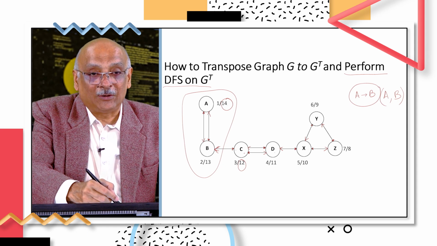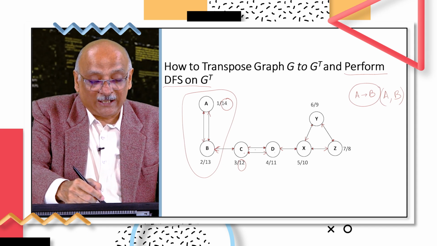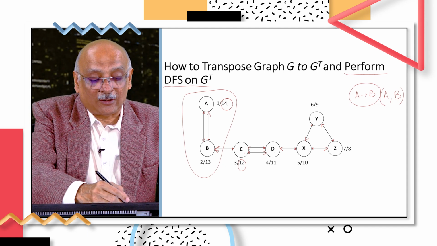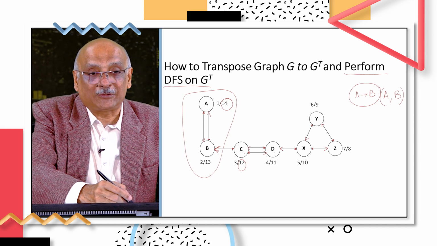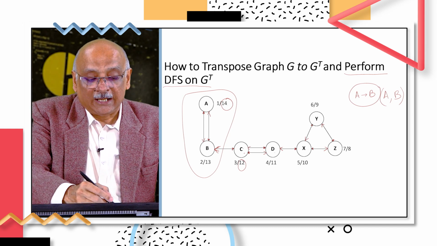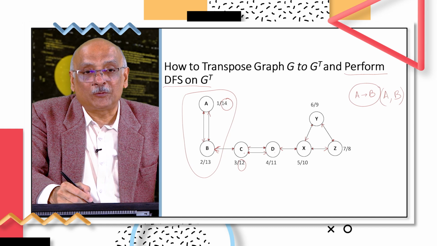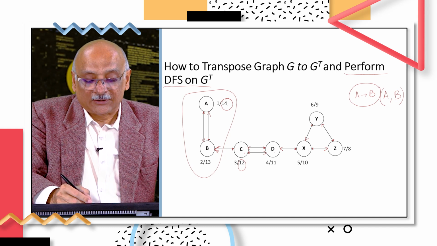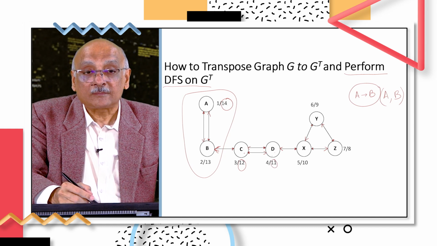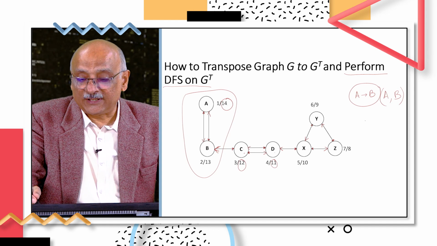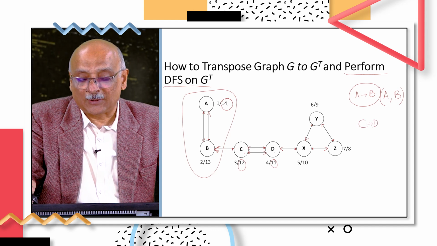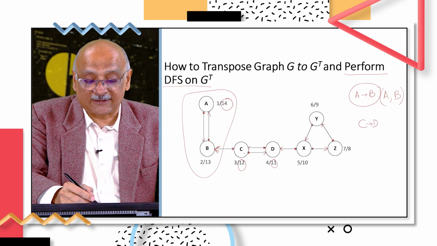So from C, we can only move to D, which is 11. As far as my depth first traversal is concerned, from C we move to D.